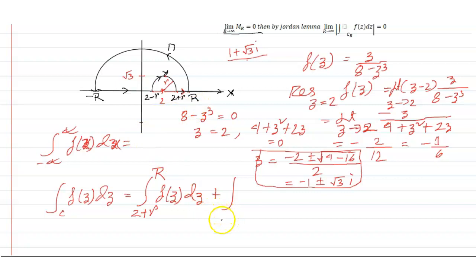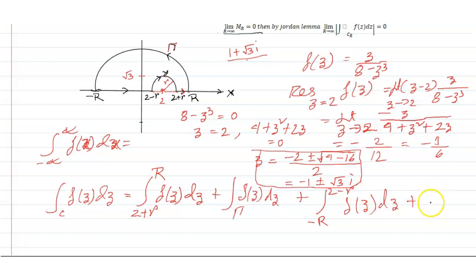So this value is the integral from r to R, plus the integral over the path gamma, which I just write as gamma path, of f(z) dz, and after that the integral from minus R to minus r of f(z) dz.